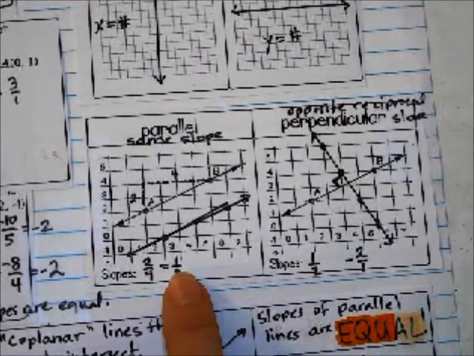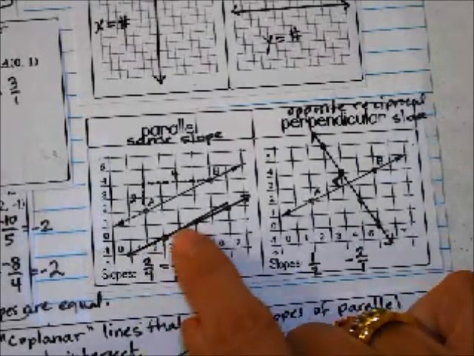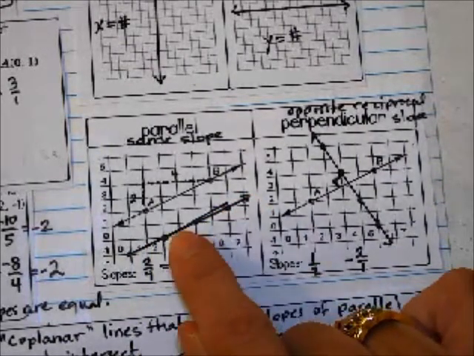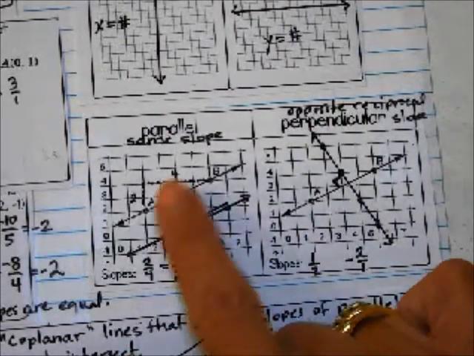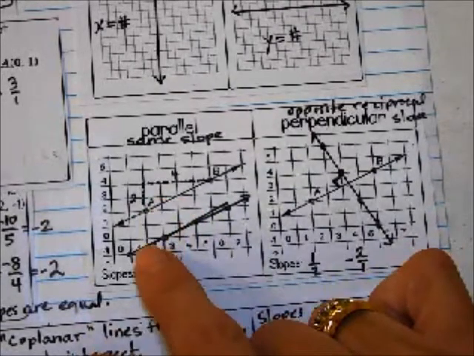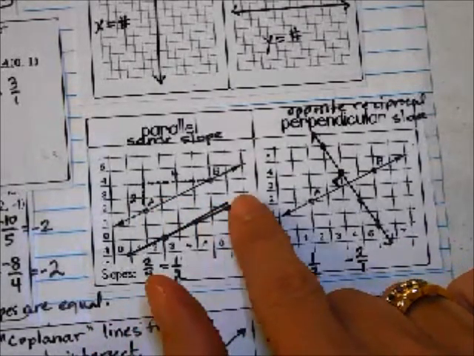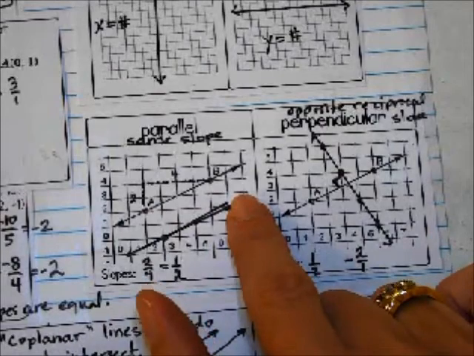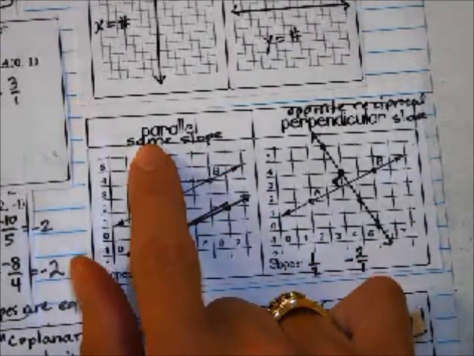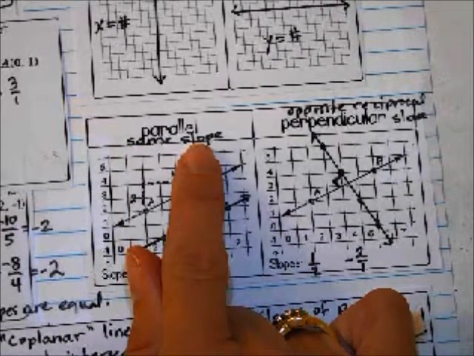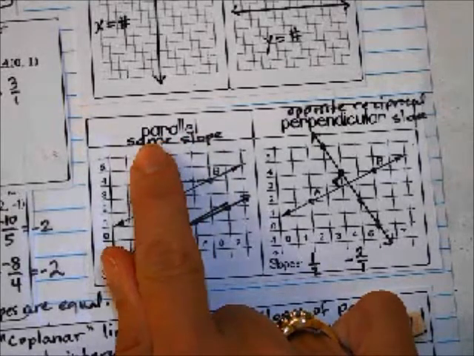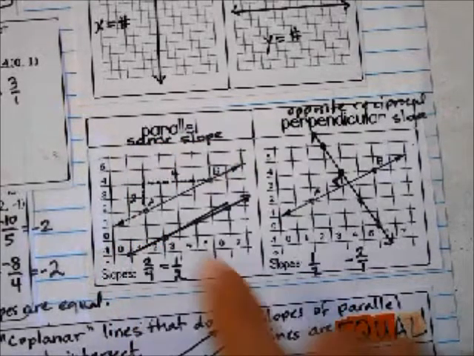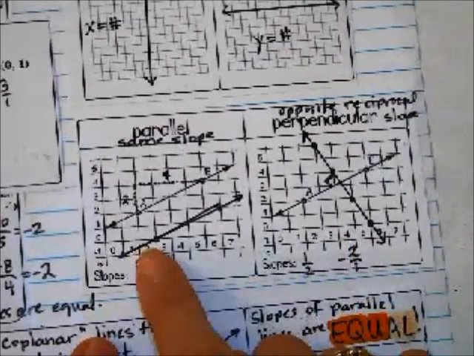I want you to draw another line on this little box, and I don't really care where you draw it, but I want this line to have the exact same slope. You can see what I wrote right here: same slope. Lines that are parallel have the same slope. You can pause the video and do that.